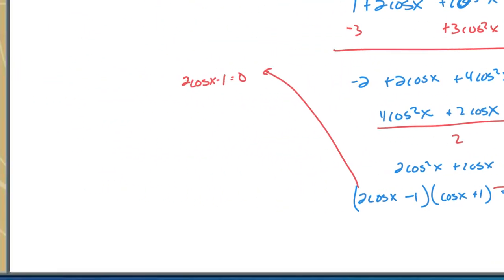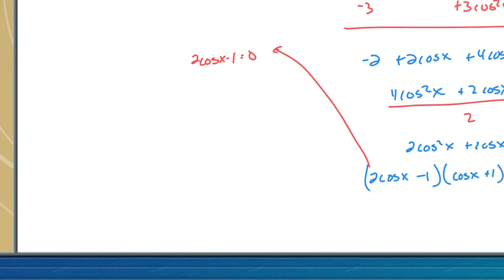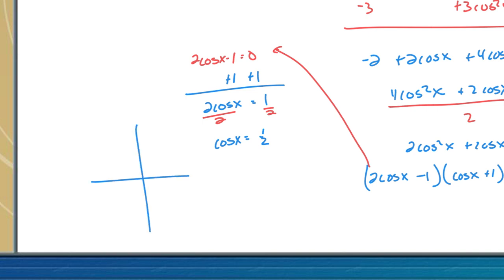Then if we come over to the other part of our equation, we can add 1 to both sides, and we get 2 cosine of x equals 1. Divide each side by 2, and cosine of x has to equal 1/2. Again, 0 to 2 pi. We have a positive ratio, so it's in quadrant 1 or 4.